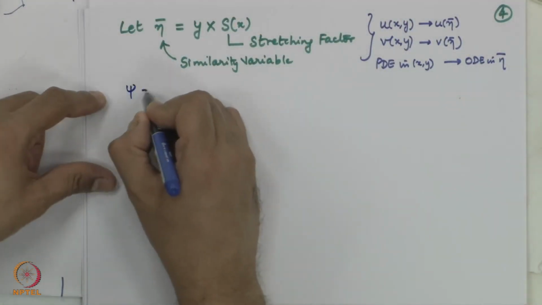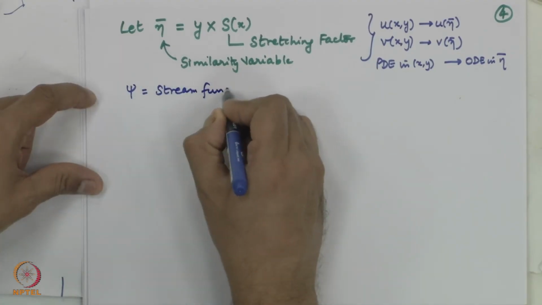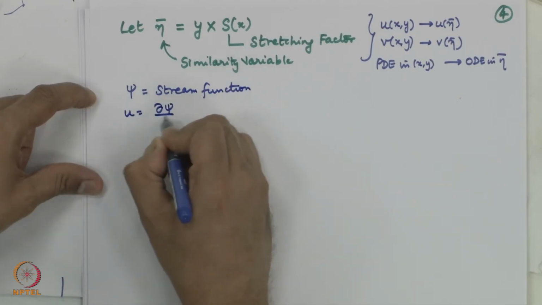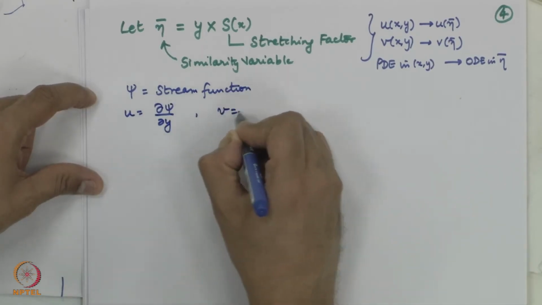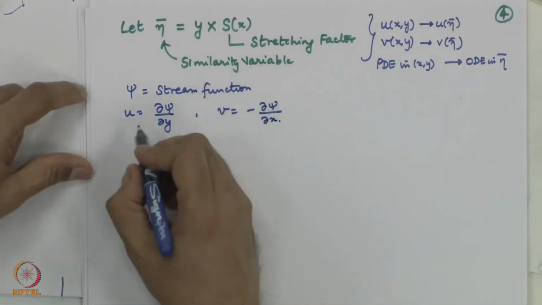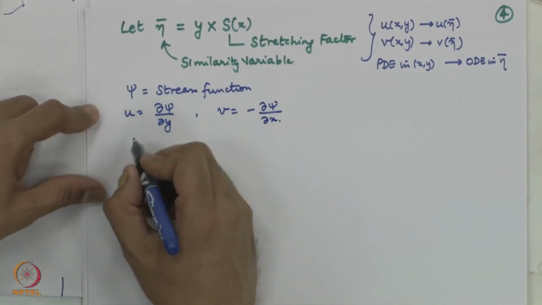We all know the stream function. By definition, u is equal to d psi by dy, v equal to minus d psi by dx. This automatically satisfies continuity.